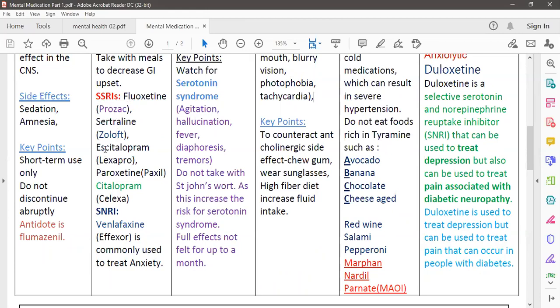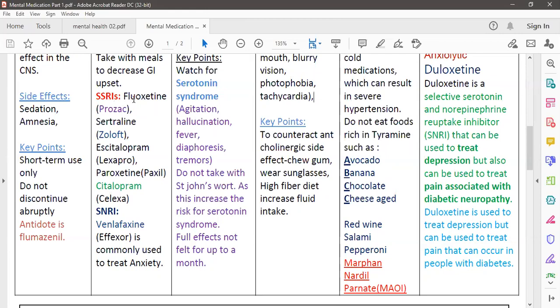Also paroxetine. And citalopram, right? Citalopram is Celexa, and escitalopram is called Lexapro.